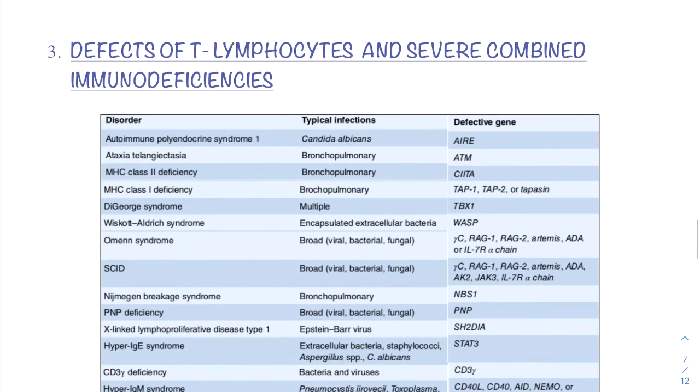Okay. Next, coming to the defects of the T lymphocytes or the severe combined immunodeficiencies, that is a combined T cell B cell defect. So there's a large list of these defects. The most important are DiGeorge, Wiskott-Aldrich, severe combined immunodeficiency, hyper IgE, and hyper IgM syndrome.